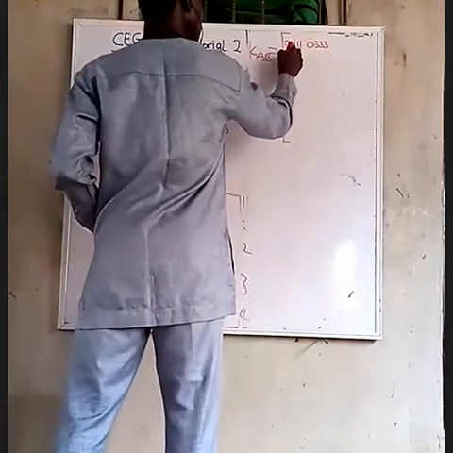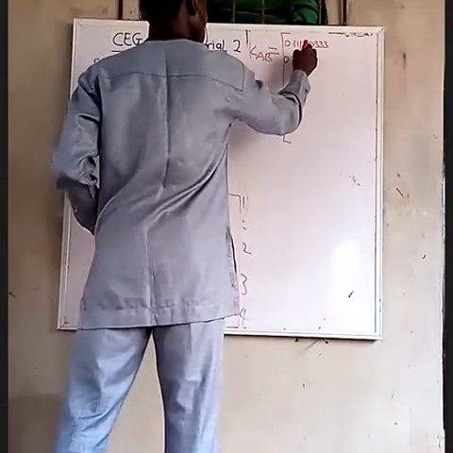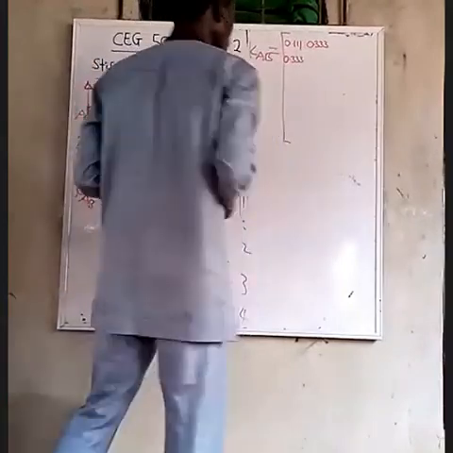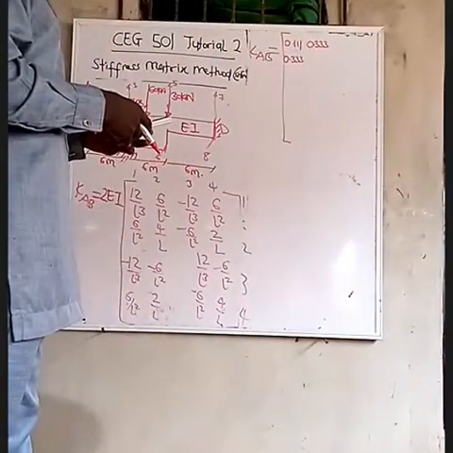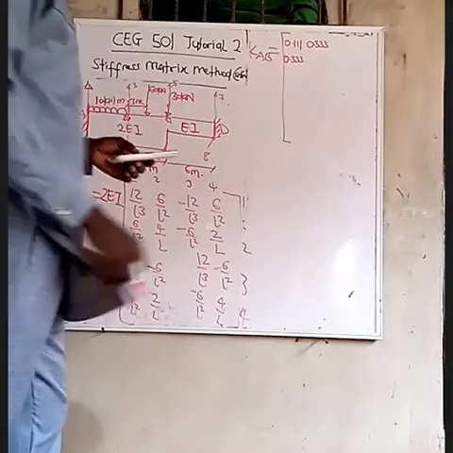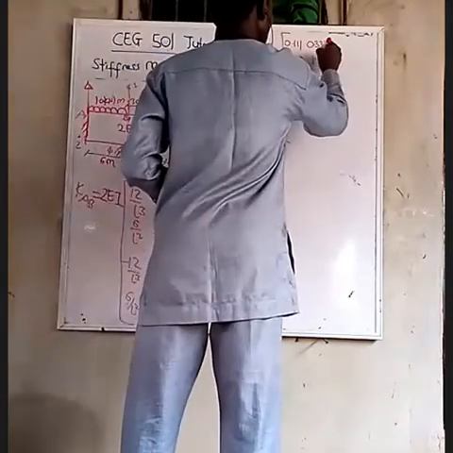Please follow so that we will not be wrong. So we have this here, 0.333. We have this here, 4 divided by 6 times 2.